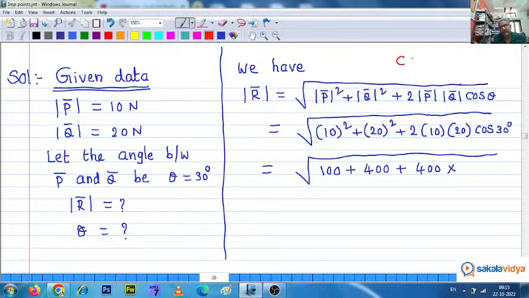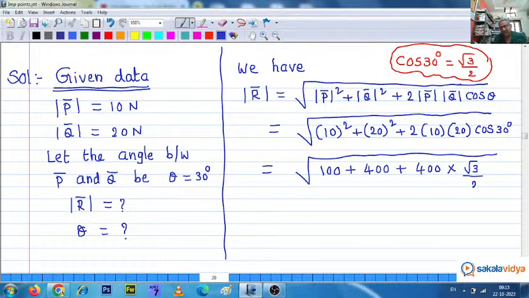My dear students, remember cos 30 is equal to root 3 by 2. Note this down separately if you require. So 2 times root 3 by 2 times 200 gives 200. Now this simplifies to 100 plus 400 is 500 plus 200 times root 3.